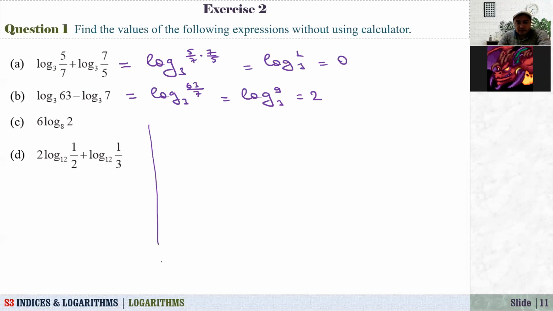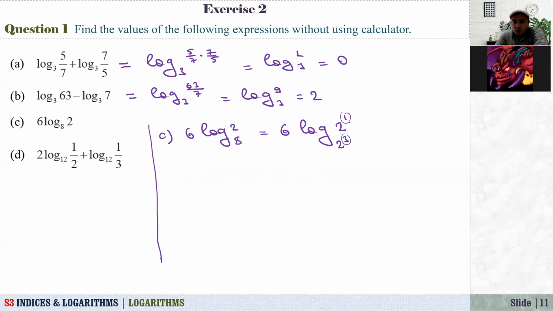And how about C? Let me just see here. 6 times logarithm of 2 to the base 8. So I can just write it as 6 times logarithm of 2 to the power of 1, and this 8 is 2 cubed. So again, using the last property, here we have m, and this one is m.